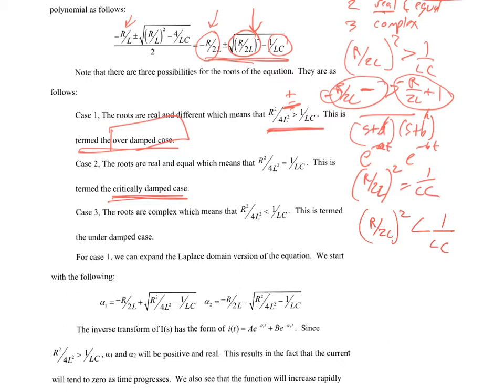A complex number, an imaginary term. So then what I'm left with is R over 2L plus or minus some j term. What type of response does that mean? Well, if we have a real part and a complex part, what does that look like in f of t land?